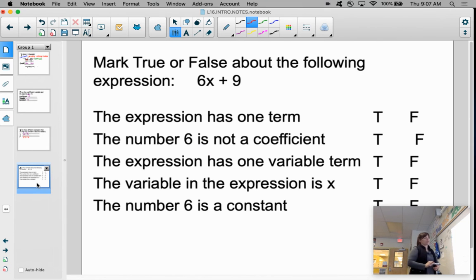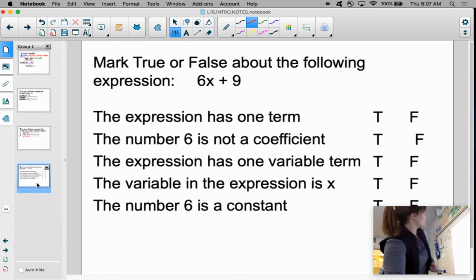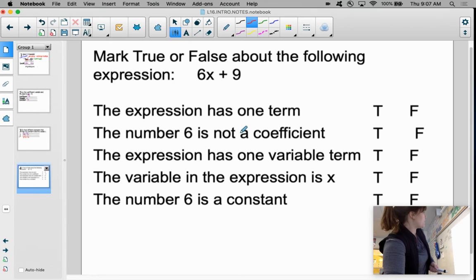Last thing in this video, it was a quick one today. I just want you to get a head start on these vocabulary terms, is some true and false. So I just have to move this up a little bit so you can see that. Okay. So here's the expression. Oftentimes you're going to see the letter x as our variable. And so we have an expression called 6x plus 9.